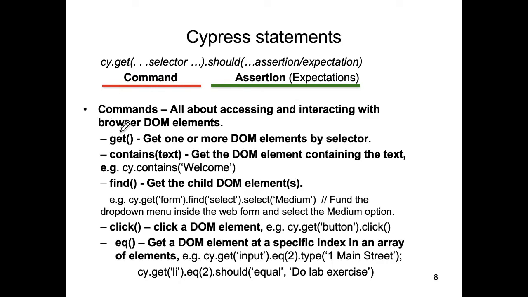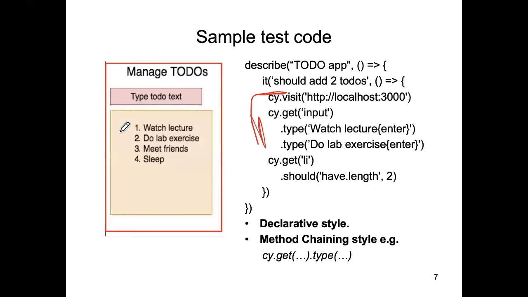We've already seen the get command. What it returns is either one DOM element or an array of DOM elements. If I go back to the previous screen, cy.get input, because there was only one text box, that returned a single DOM element. Whereas here, when I asked it to get all li elements, there were more than one.